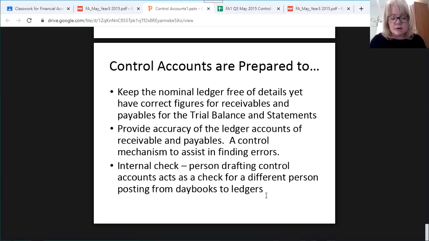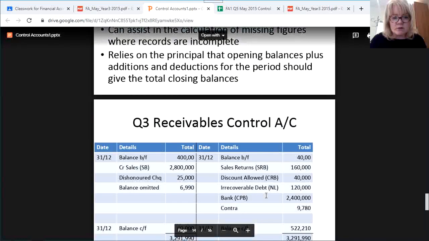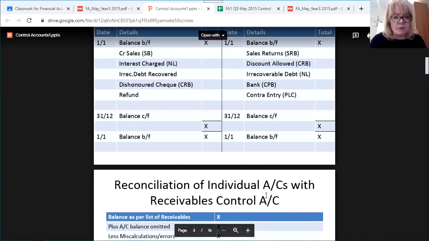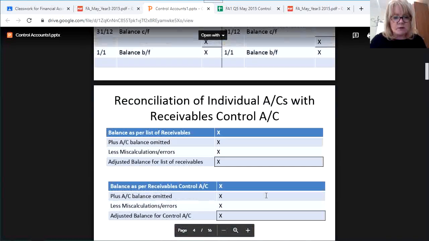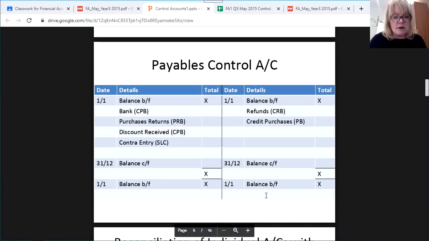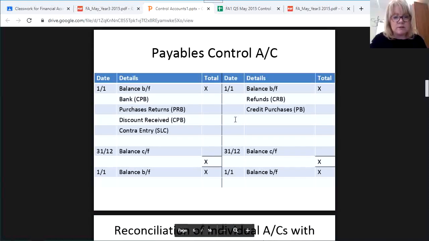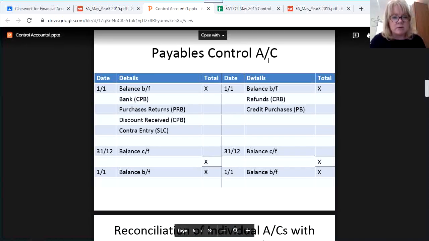So that's important. And just to understand this, if we take the payables control account, both control accounts, the receivables control account and the payables control account, the figures are taken from the day books.